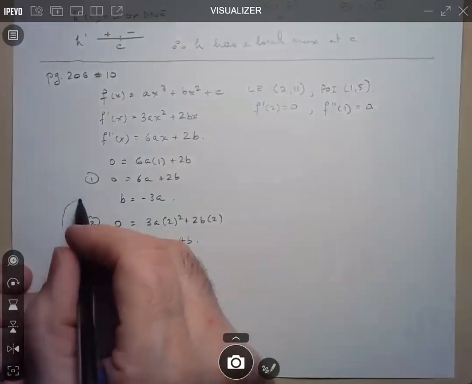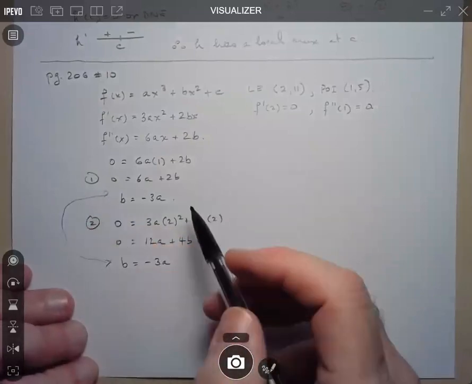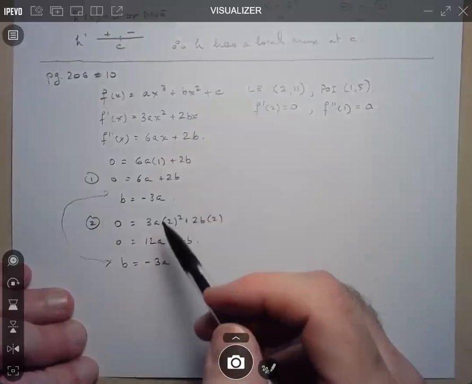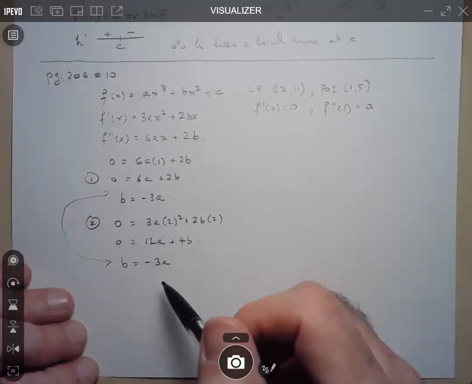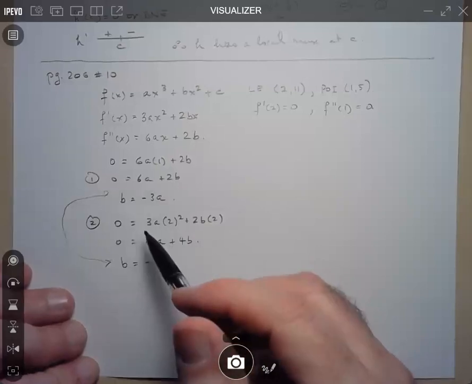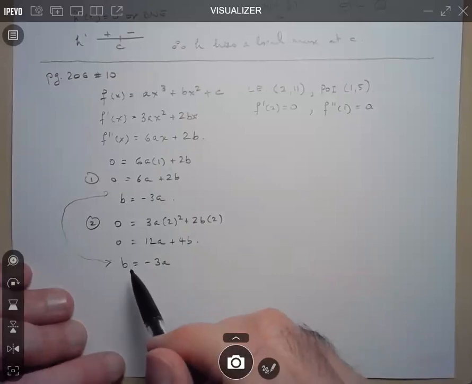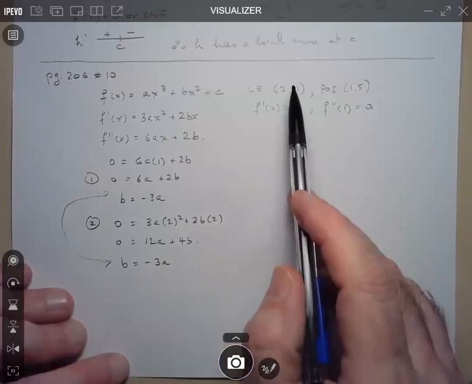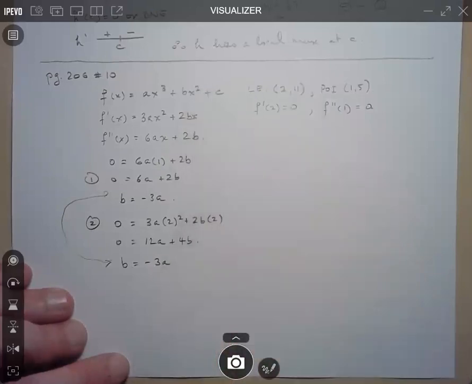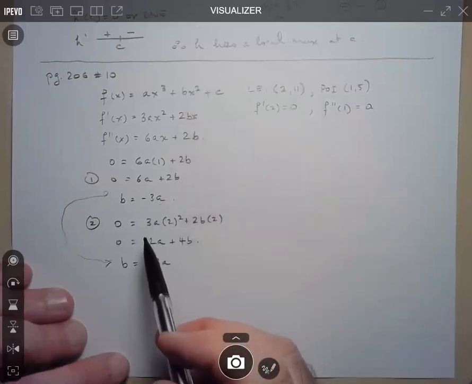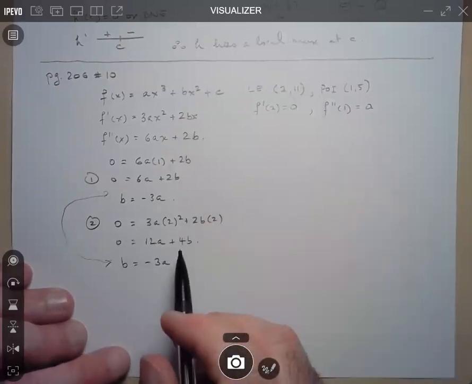It's the same piece of information. So that means this is not going to give me any more information than the other. Okay? So this might seem like a problem, except that I have two other pieces of information. Remember, I also know that these 2 points are on the function. Okay, so while this might seem like a bit of a stumbling block, I have 2 more pieces of information I can use.